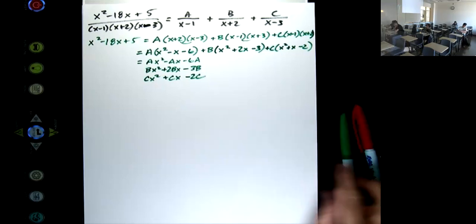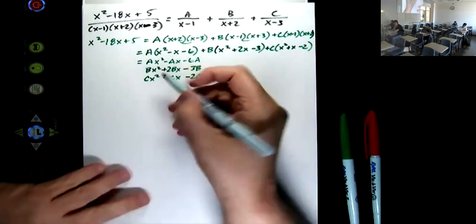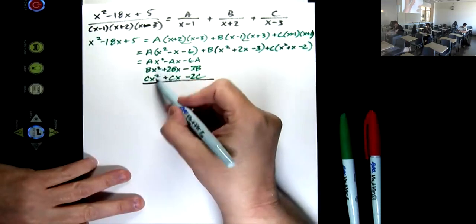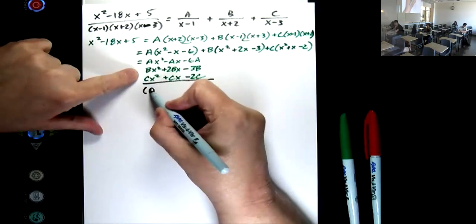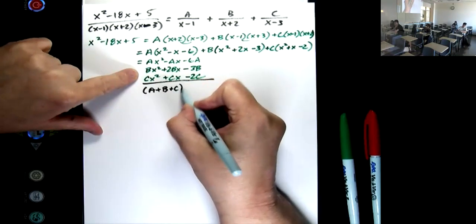So, if I add that up, my x squareds have a plus b plus c times x squared.